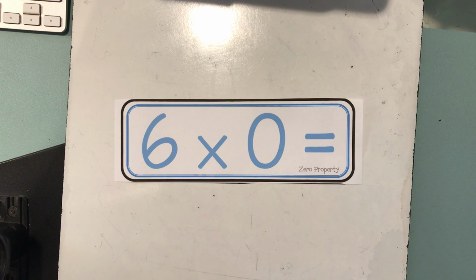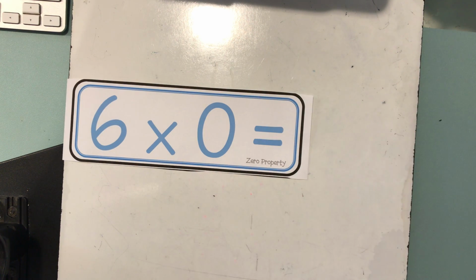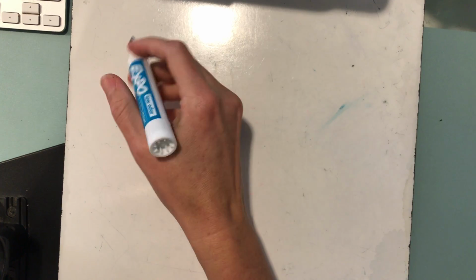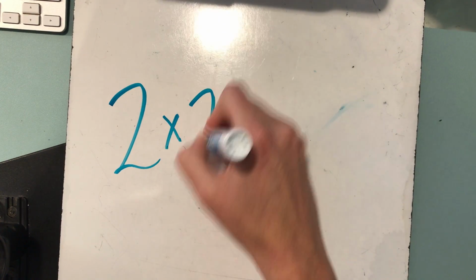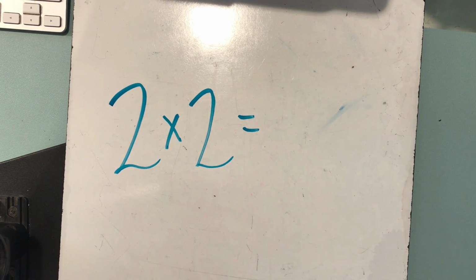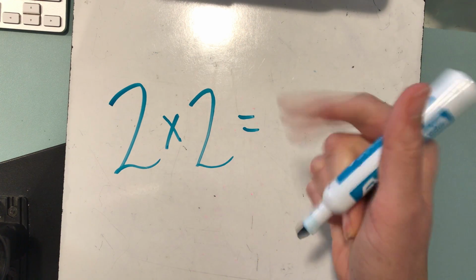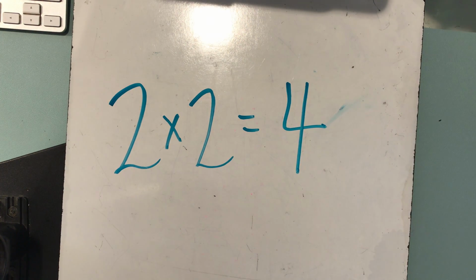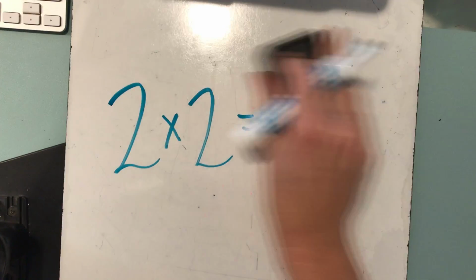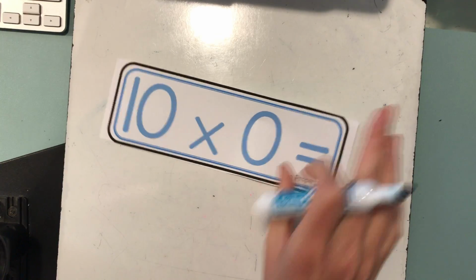Okay, here we go. On your whiteboard, what is 6 times 0? Hopefully you got 0. How about, I'm not going to use a flashcard this time, 2 times 2? That would be 2, 4. How about 10 times 0?